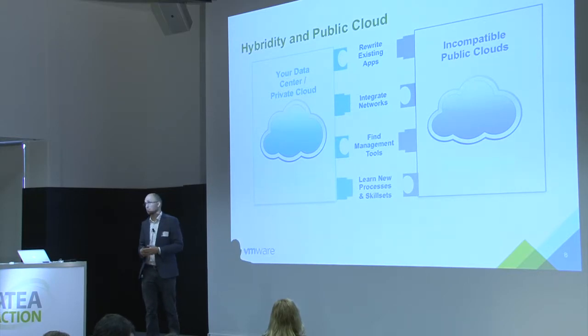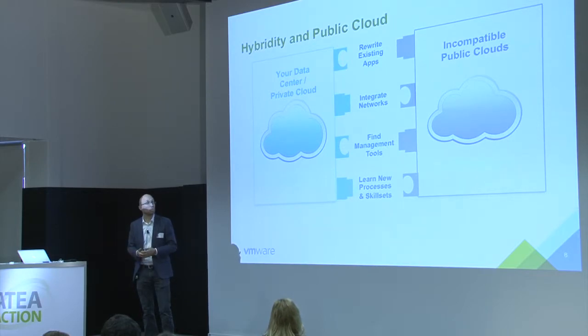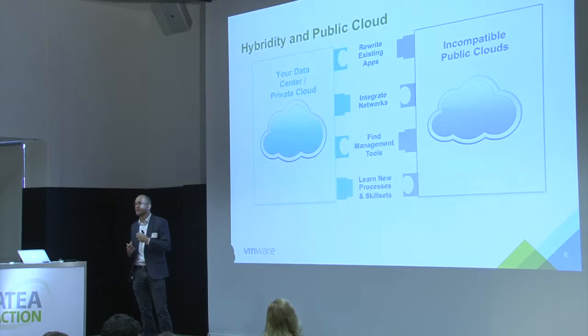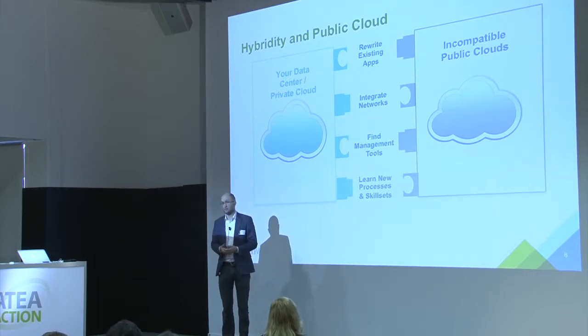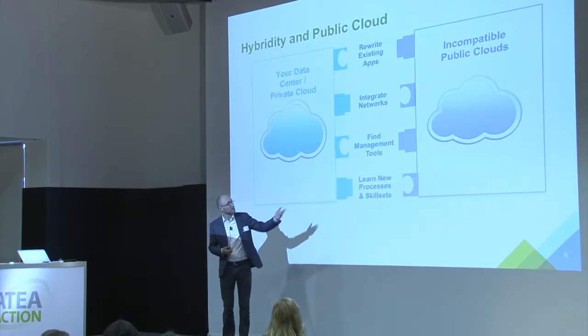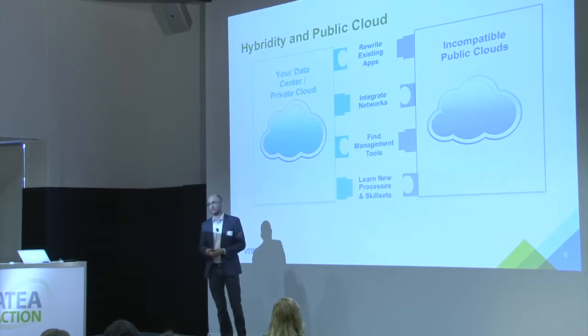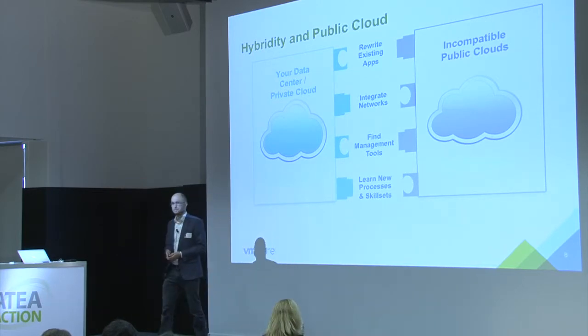With vCloud Air, it's an extension, so we can do it via VPN, or we can even have your network provider connect directly into vCloud Air. Thirdly, you have to find new management tools because it's a new platform. And fourthly, you would have to learn new processes and new skills.